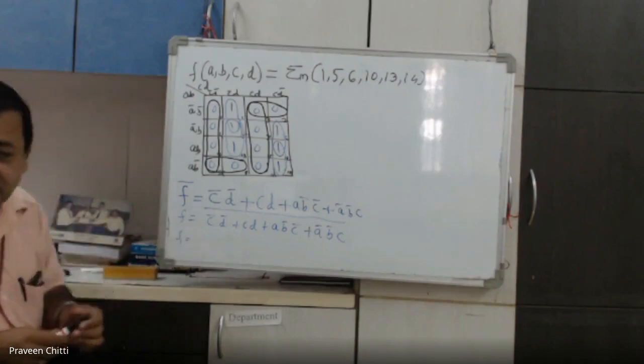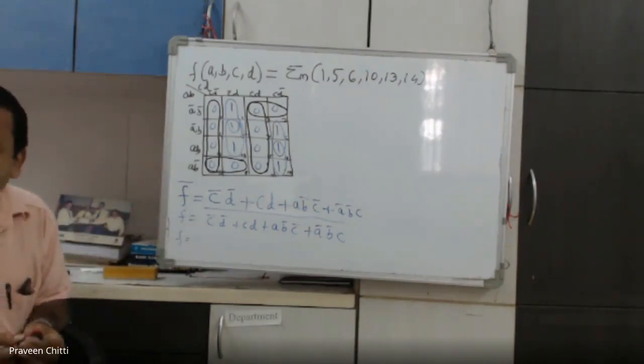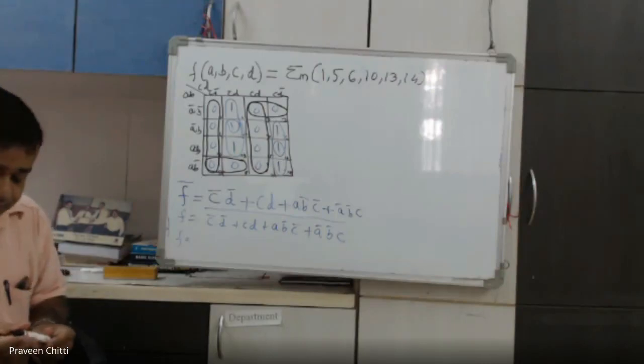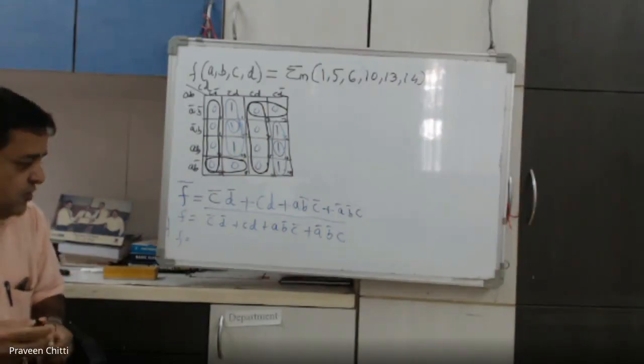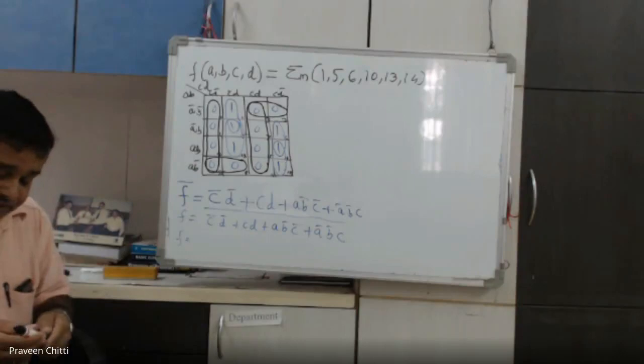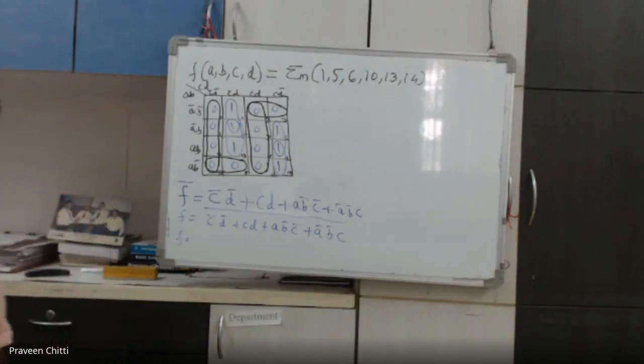Can anybody state what De Morgan's theorem is? Using De Morgan's theorem, now easily you can write the simplified form of this. So De Morgan's theorem says that A dot B whole bar is equal to A bar plus B bar, and A plus B whole bar is equal to A bar dot B bar.